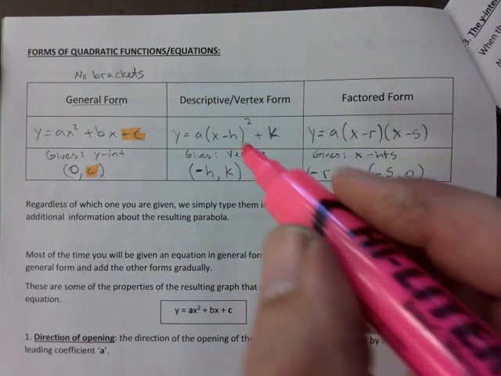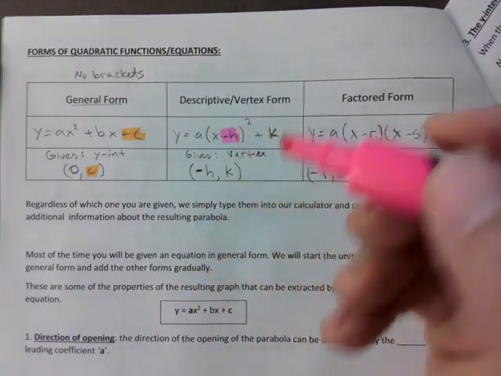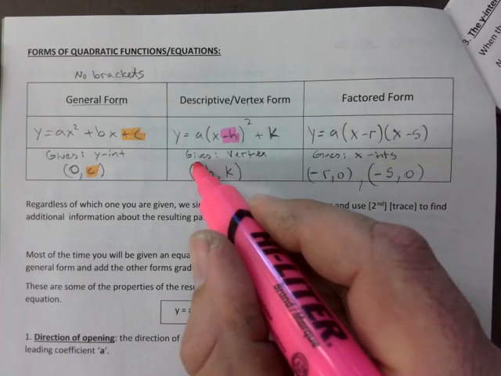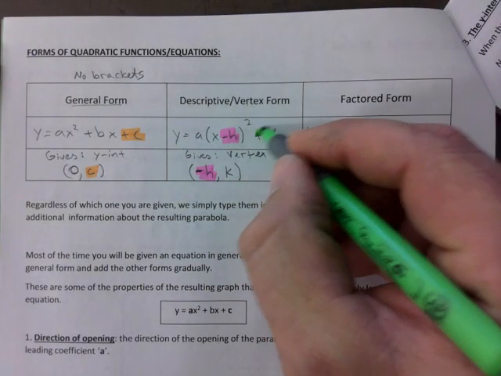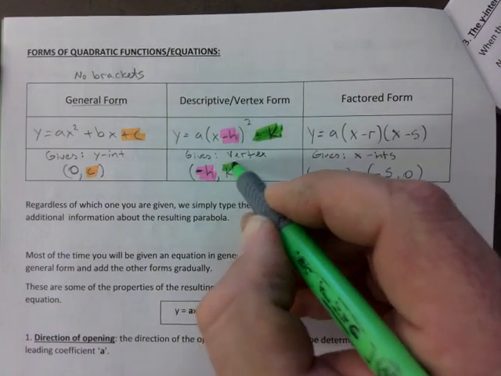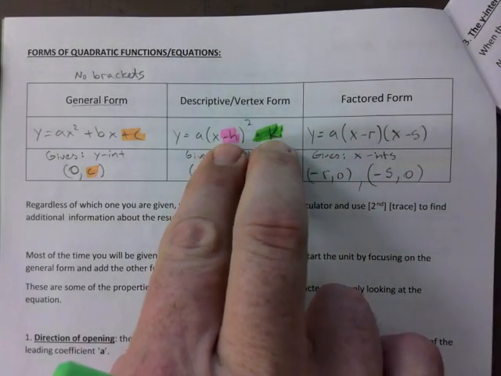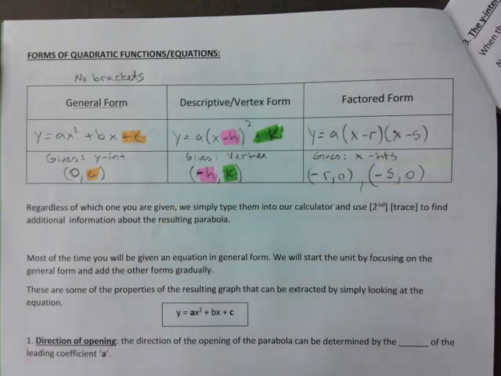You essentially take this and put it in there, and the k just follows you as well. So both of these components are used to come up with a vertex.